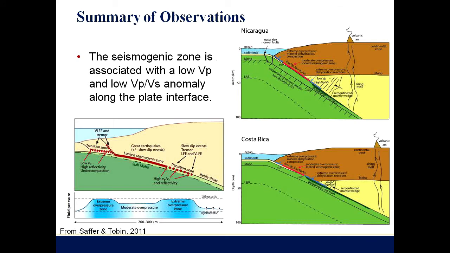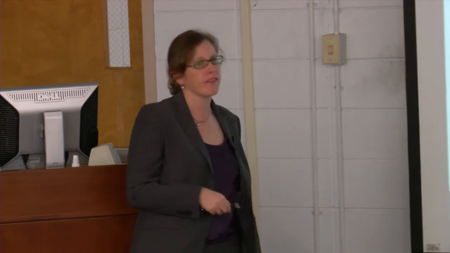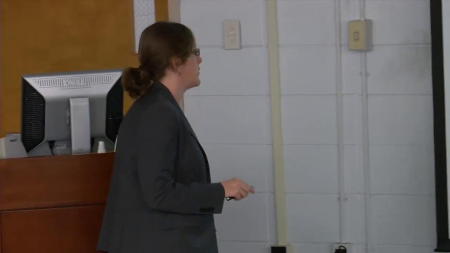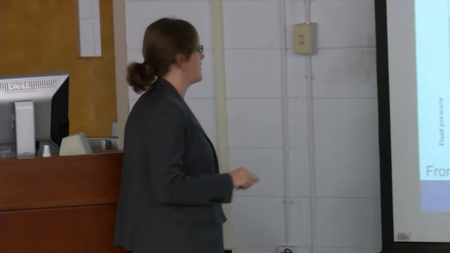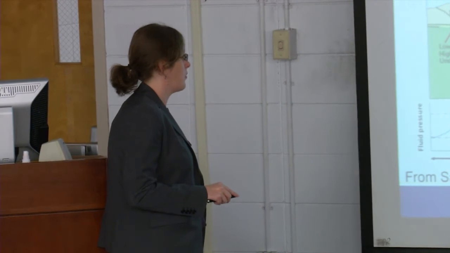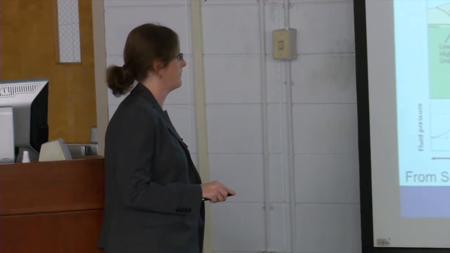And as all of that stuff is getting smushed and dewatered, you set up an environment of extreme overpressure, right? Now, as that fluid drains away, either through faulting in the accretionary prism or up into the forearc, your pore pressure drops.